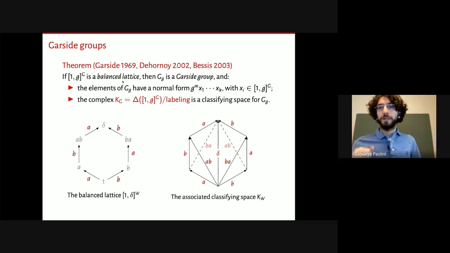Being a lattice means that for each pair of elements of your interval, there is one minimal upper bound and one maximal lower bound. For example, if you take the gray A here and the gray BA here, their minimal upper bound is delta, and their maximal lower bound is the identity 1. Okay, so this interval actually satisfies the lattice property.